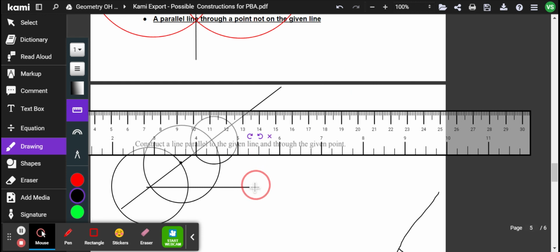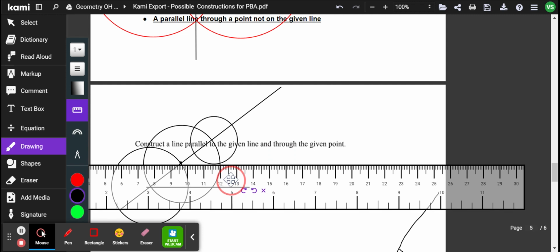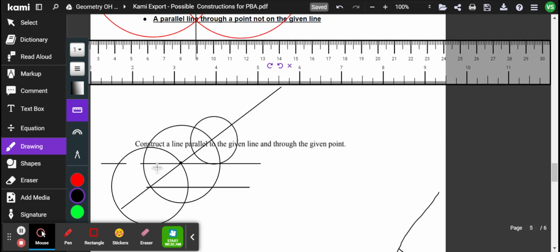And I'm just going to get my ruler and connect that intersection and this point here. And my parallel line is going to be right across here. And that's the thing of beauty, right? Does that make sense?